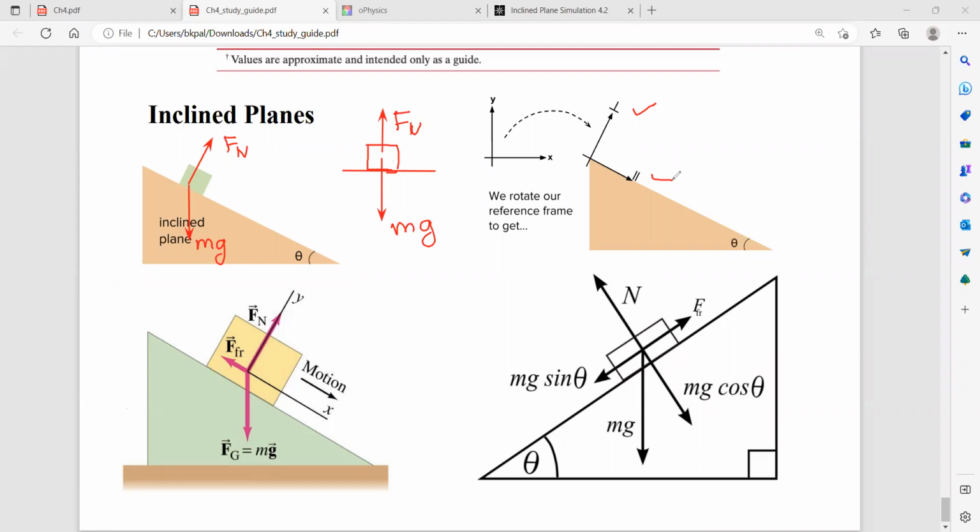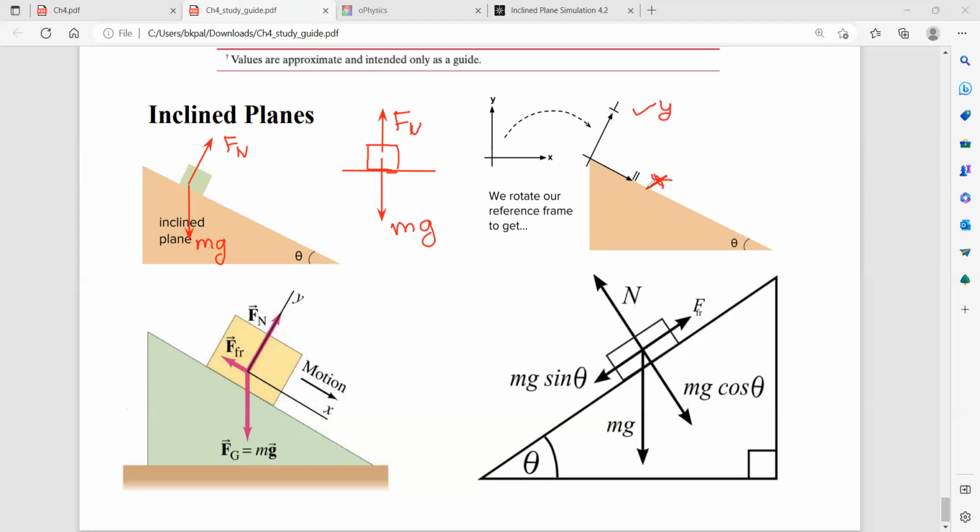Okay, so if we can do that, then the problem is basically solved. Okay, so the only thing we are doing differently is this one. Our coordinate system is now a rotated coordinate system. Y-axis is this one and x-axis is this one. Okay, so x-axis is parallel to the inclined ramp or inclined plane and y-axis is perpendicular.